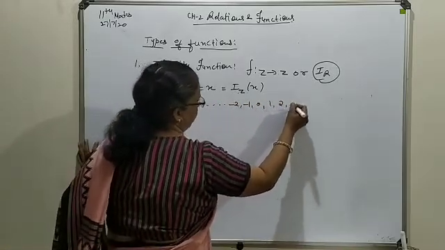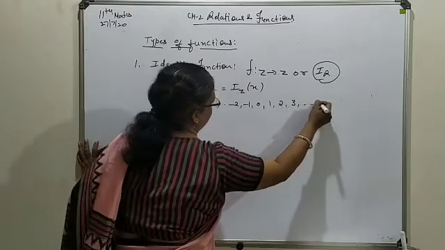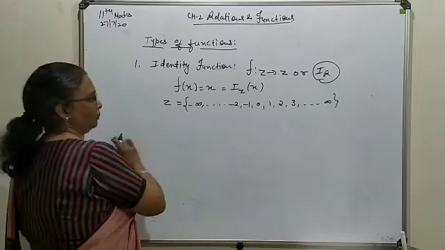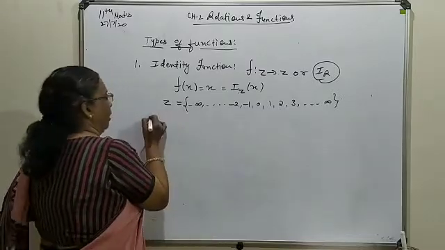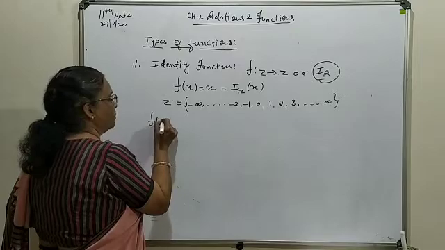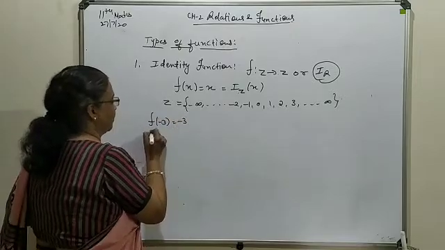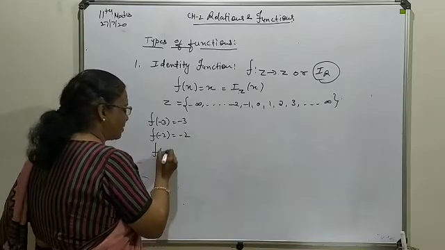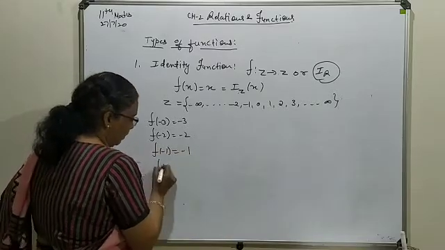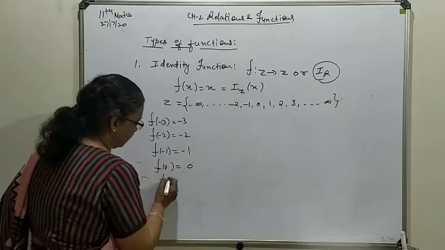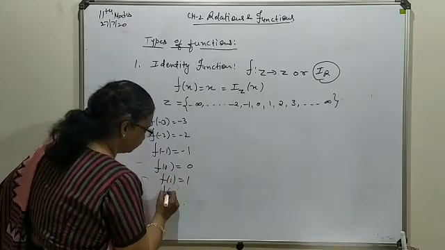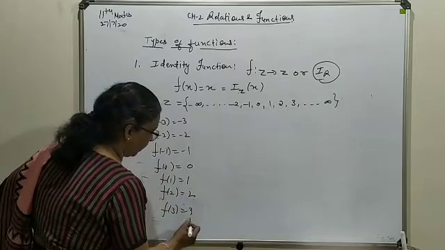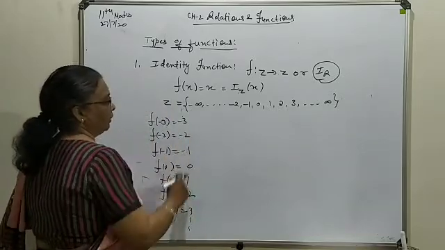Any value you can select, but here try to select values in order, so that in continuation the graph can be plotted. Suppose f(-3): answer is -3. For -2, answer is -2. For -1, answer is -1. For 0 it is 0. Take some positive values. This way it can be carried up to infinity. Now plot a graph for that.